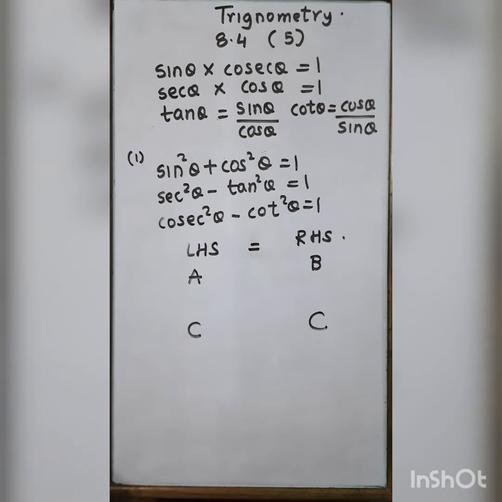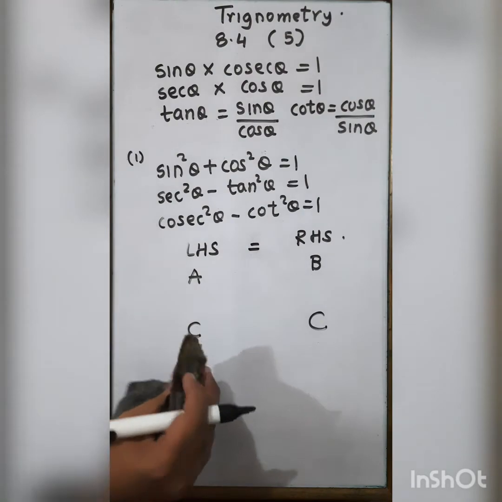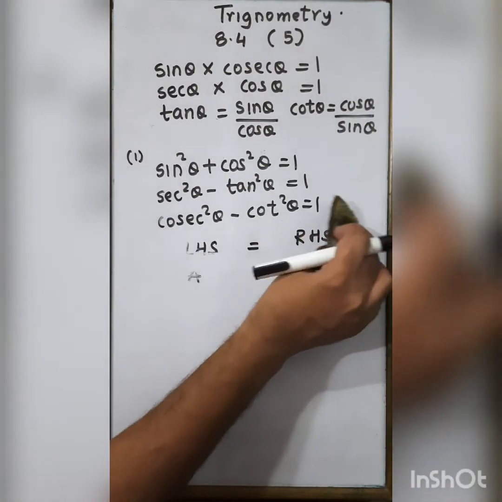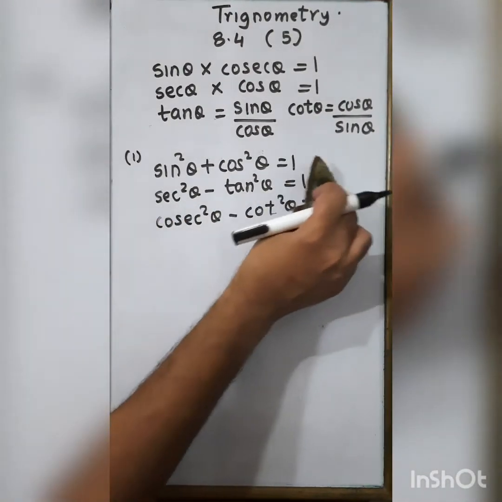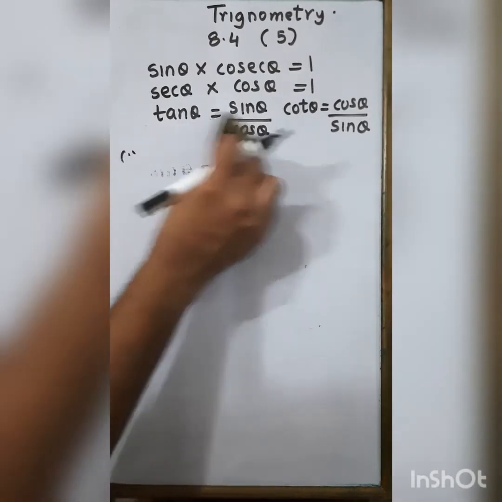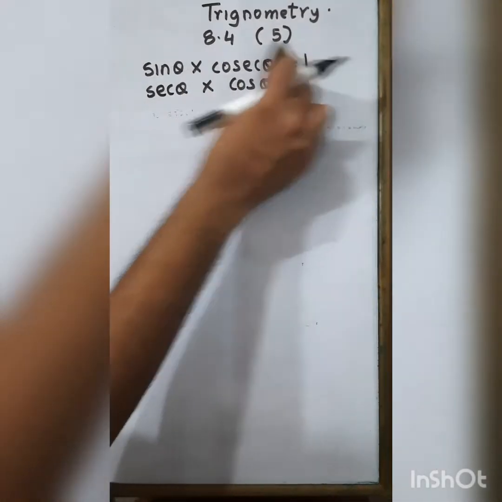If sec theta is given, you write it as 1 upon cos theta. If tan theta is given, you write it as sin theta upon cos theta. And if cot theta is given, you write it as cos theta upon sin theta. You put these things and then ultimately you make the whole sum in sin theta and cos theta. It becomes relatively easy, but it is lengthy. So that decision you have to take.